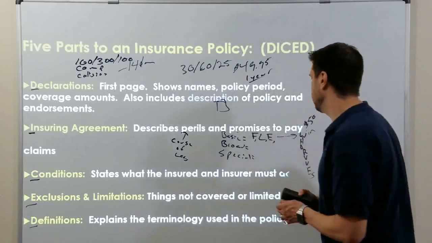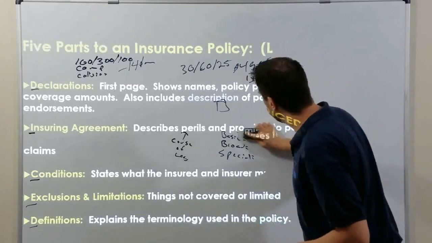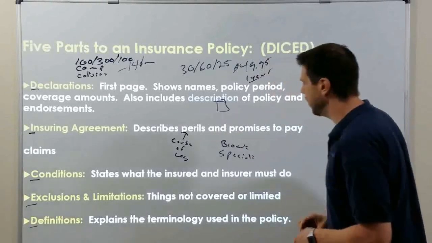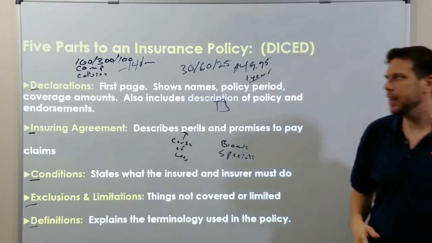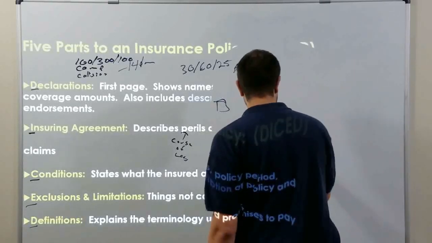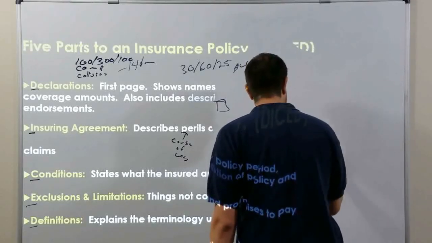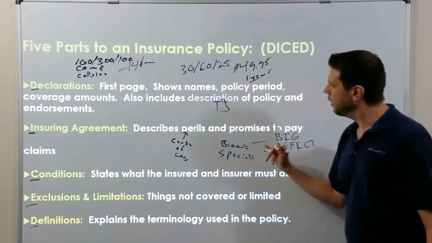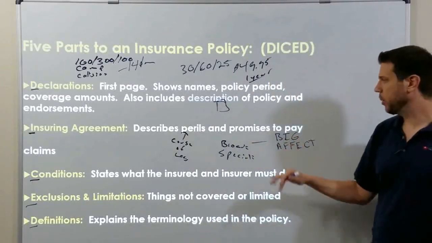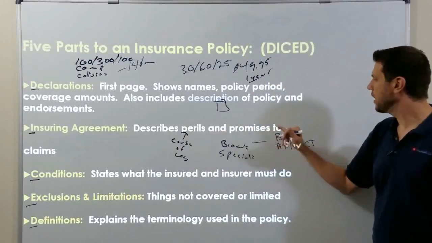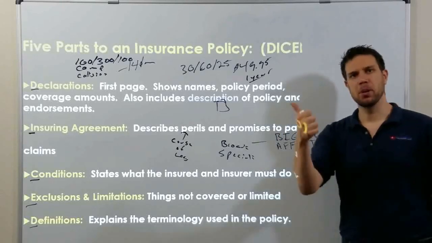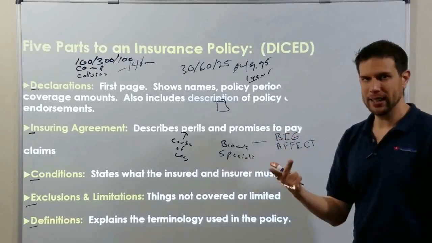The broad cause of loss form covers everything basic does and BIG EFFECT. The broad policy is a little bit better than basic. It'll cover FLE, WARVs, and BIG EFFECT. That's burglary, ice, glass.